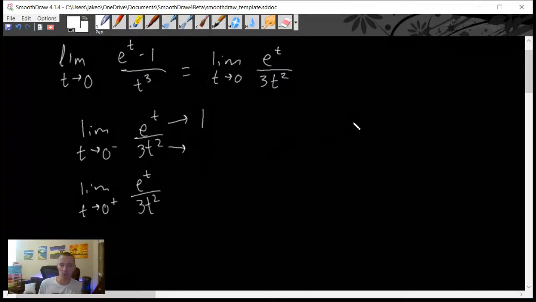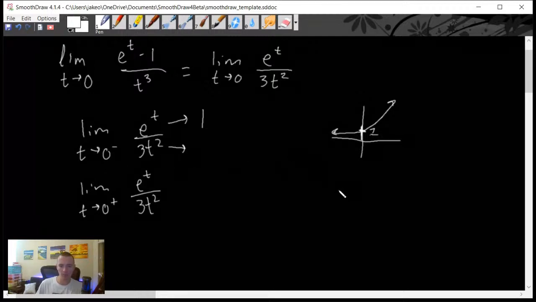If you think about what the function e to the t looks like on a graph, at t equals 0, right on this axis here, this is 1. As we approach from the left, we're getting closer and closer to 1. We're going to have a number that is a tiny bit smaller than 1, but it's still clearly a positive number all the way along here, and it is very, very close to 1 as t gets very, very close to 0.